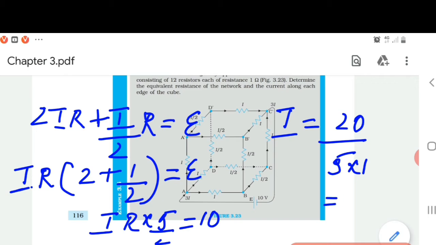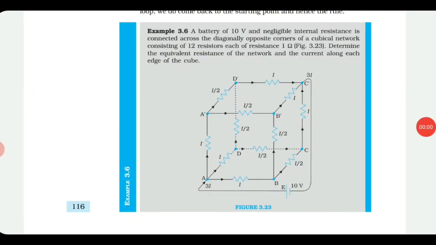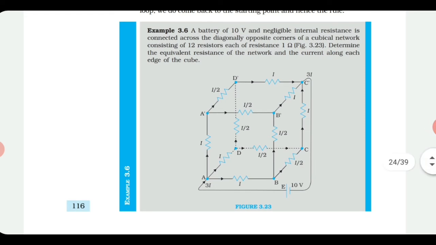So we have 20 by 5 as 4. The current I, we will get it to be 4 ampere. Now to find the equivalent resistance, you can replace the whole cube with an equivalent resistor R. That means R equivalent we are taking.